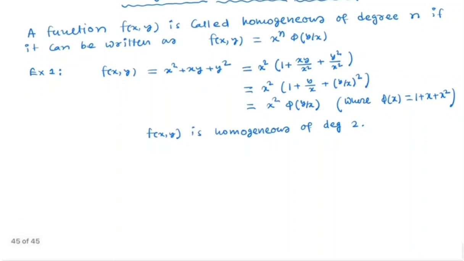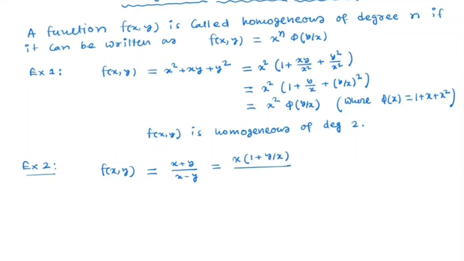Now take another example. We take f(x,y) as (x plus y) by (x minus y). Again here, we take x common. So 1 plus y by x in the numerator, and in the denominator, 1 minus y by x.